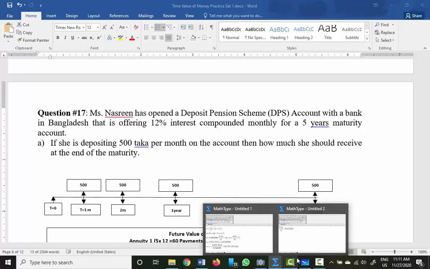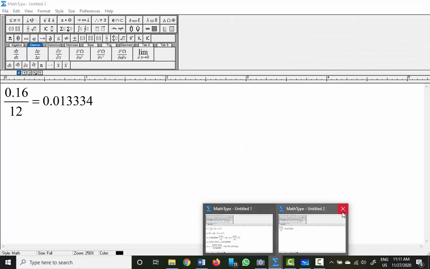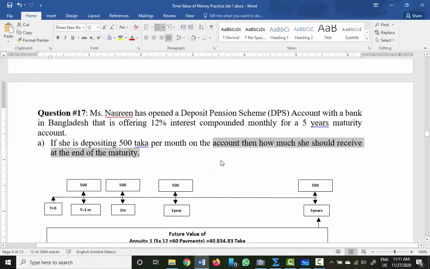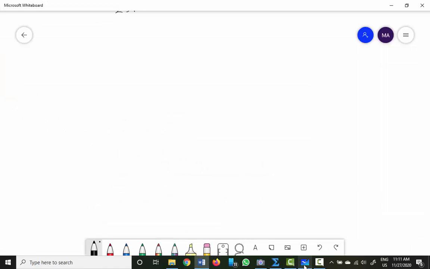Let me show you the diagram. Today is period 0. After 1 month she will pay 500 taka.